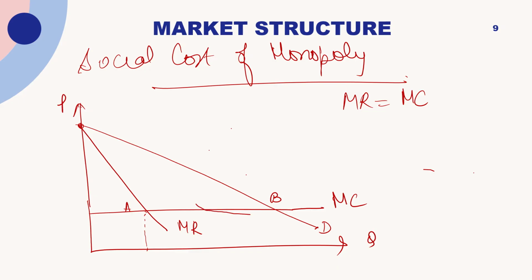P, Q. When we say P is equal to MC, we'll take point B, this point, Q. Now, when we say MR is equal to MC, which point? A. So now when we talk about price for this quantity A, what will it be? Get back to the demand curve and then check the price. This will be a monopolistic price.